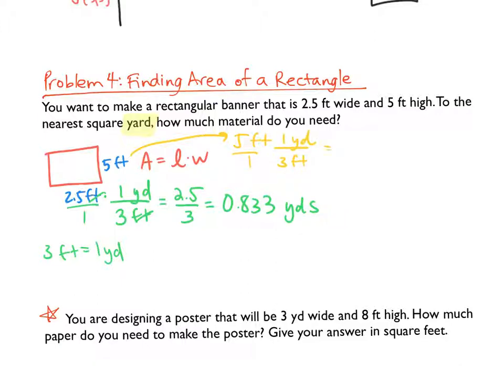And then this becomes 5 feet over 3 yards, and my feet cancel. And if you want to get a decimal for that too, 5 over 3, you get 1.6667. Okay, so then to get the area of that, we're going to do 0.8333 times 1.6667.